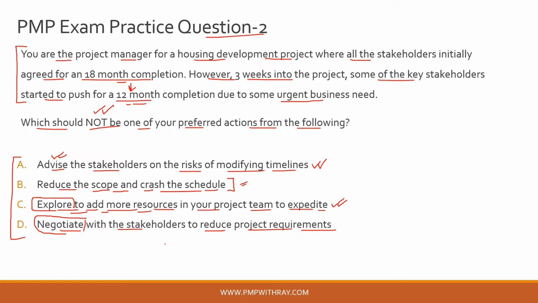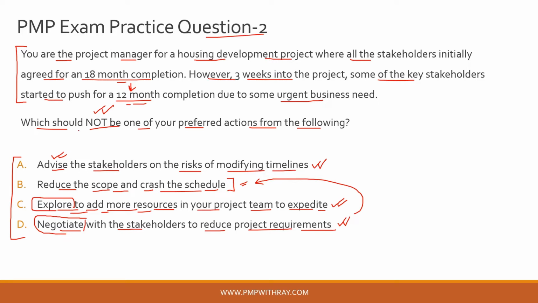So you are prioritizing the project handover process, where you are negotiating a deal with your project stakeholders to arrive at a win-win situation. This is also a good negotiation strategy, where both parties come out of the negotiation table as winners. That is why option D is something I would like to do as a project manager before I go straight ahead and start reducing the scope and crashing the schedule, which is more of a direct approach.